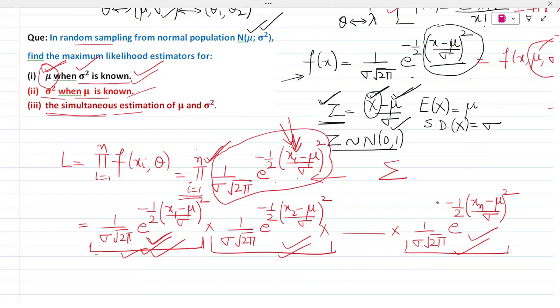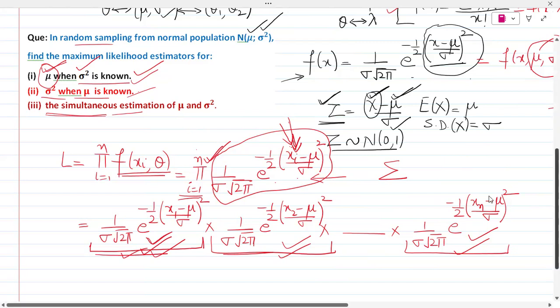I repeat, these are the values of this PDF of normal distribution at the first sample observation, at the second sample observation, and so on up to the nth sample observation.